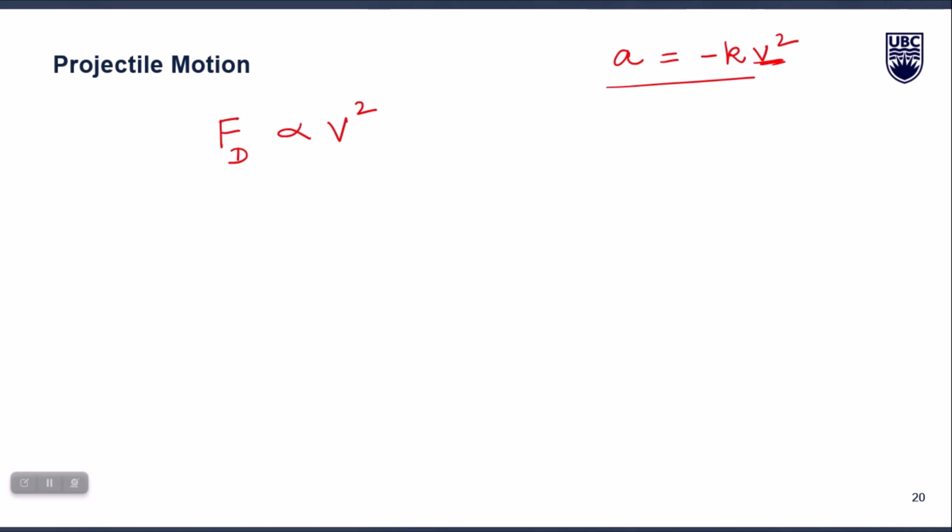So the faster the object is moving, the projectile is moving, the more drag it should experience, right? Same is the case with that ship also. This equation is telling you the faster the v is, the faster that ship is moving, the more retardation it should experience following this relationship, right?